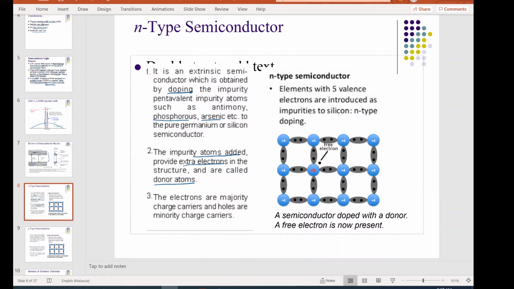In n-type semiconductor, electrons become the majority because we add more donors, and donors carry more electrons. Electrons become the majority charge carriers, and oppositely, holes become minority carriers.